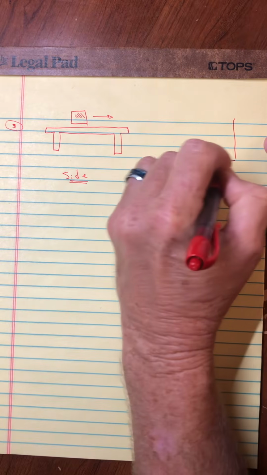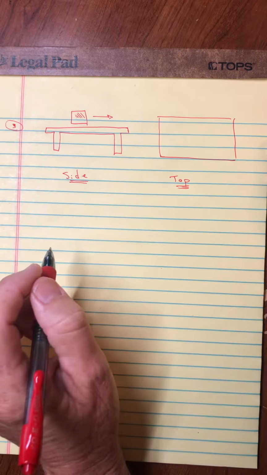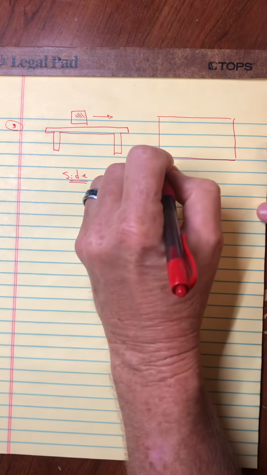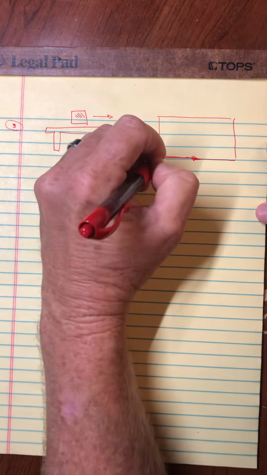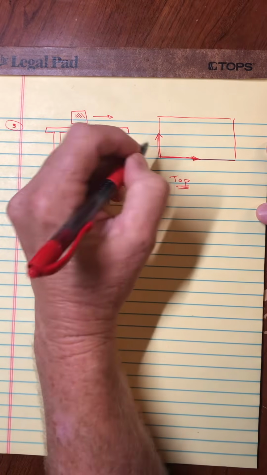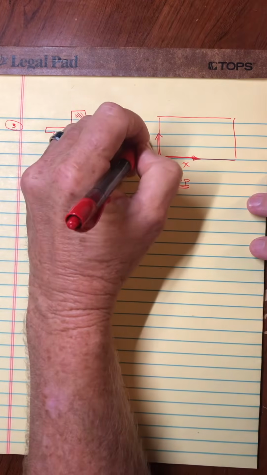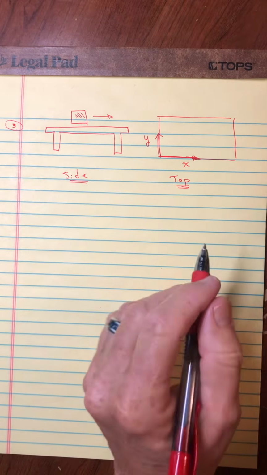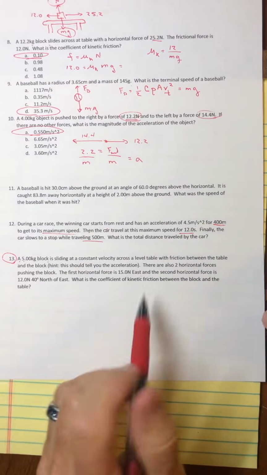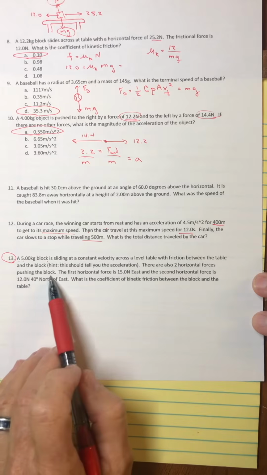So looking down from the top, I might have a table here. And maybe if I call the dimensions of the table the grid, so along the long part of the table will be X, and along the short part will be Y. If that's the case, then as we go on to read this, it says that there are 2 horizontal forces pushing on the block.